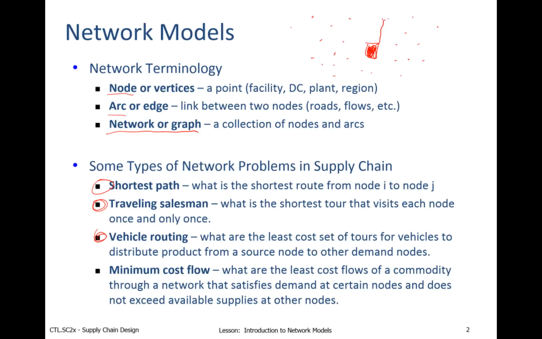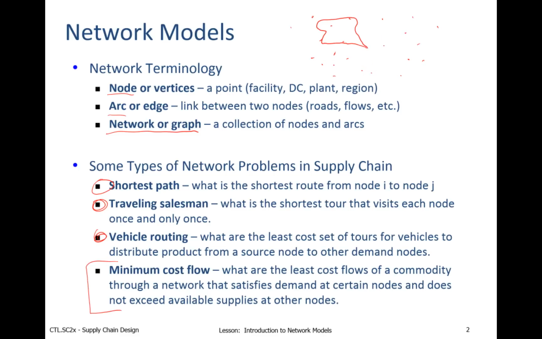And so I want to find the shortest tours for each vehicle, because I have multiple vehicles, and what tour will they take to visit all the different sites to deliver their product and return. So what you have is a bunch of vehicle tours: the vehicle routing problem. It's the least cost, usually least distance, tours for vehicles to distribute all the product that's demanded from a single source node.